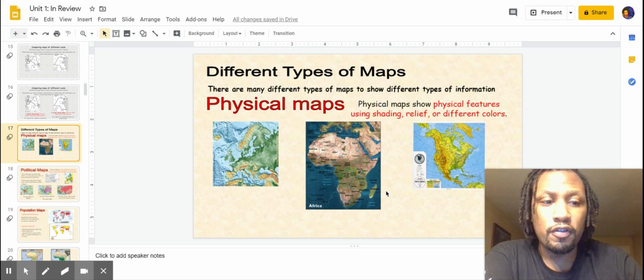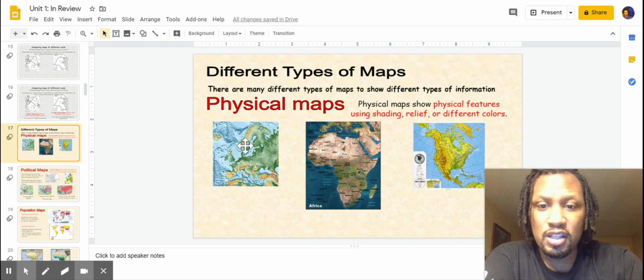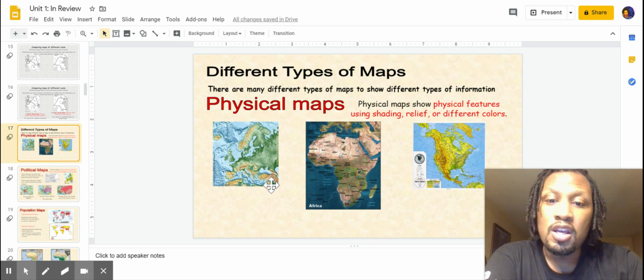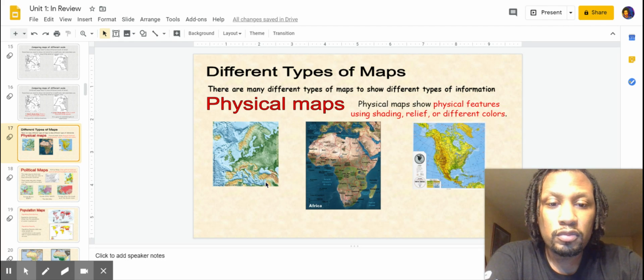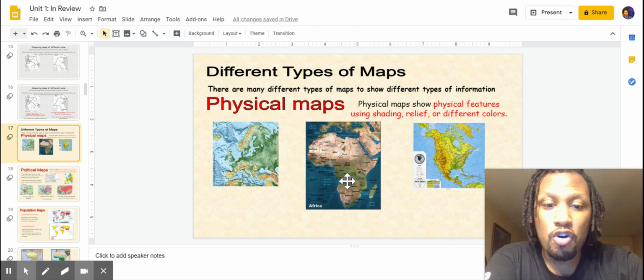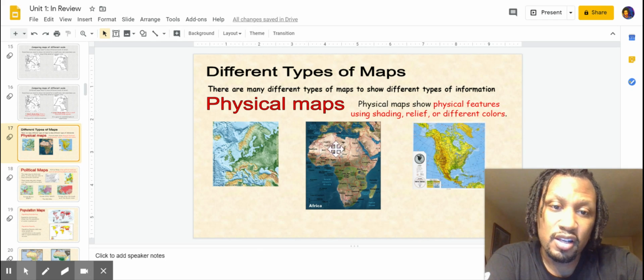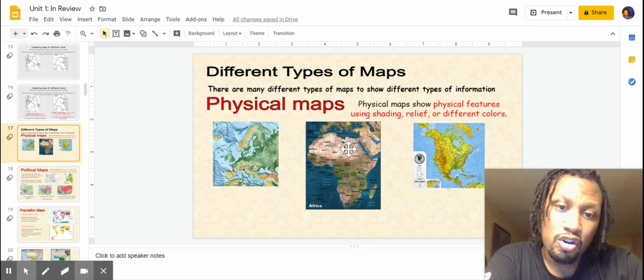Okay, so if you look at the first one, these are mountains. I know that these are mountain ranges, here and here. But here now we're talking about desert land. Here, this green area, this is rainforest. This light brown color, that's desert, and the desert extends all the way out here.